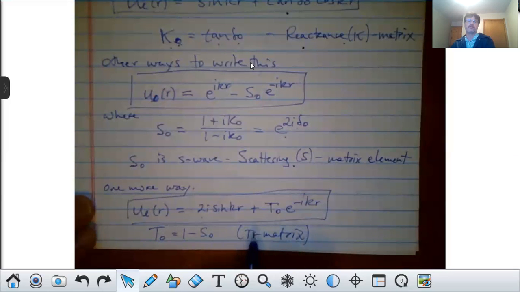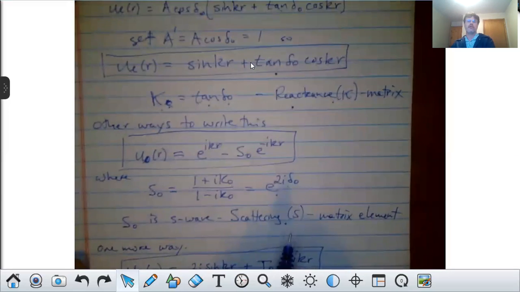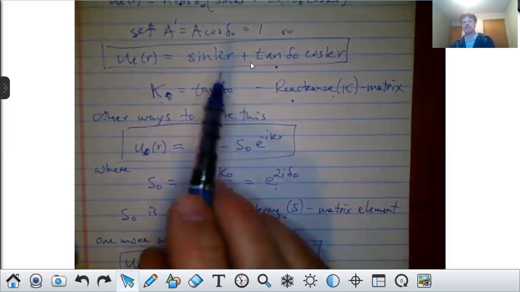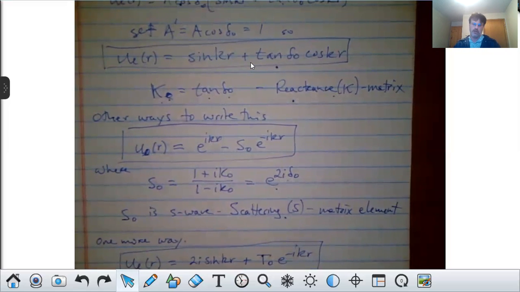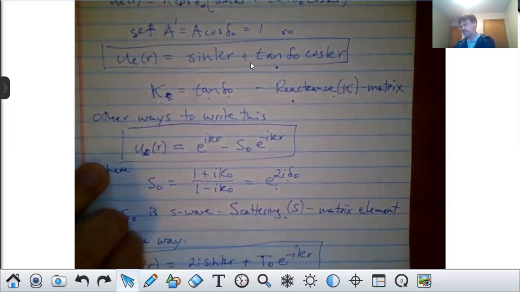This is often called the T matrix. So all three of these are just different related methods of writing the asymptotic solution. The phase shift is in all of these, and the scattering phase shift is what we often end up solving for. Okay, so hopefully that makes some sense.